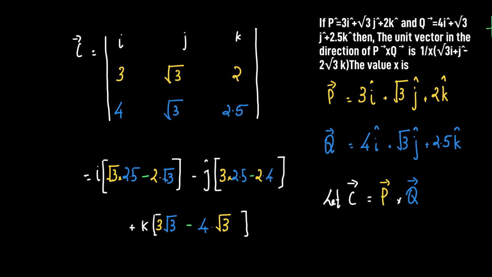And similarly for K, we have 3 times root 3 minus 4 times root 3.